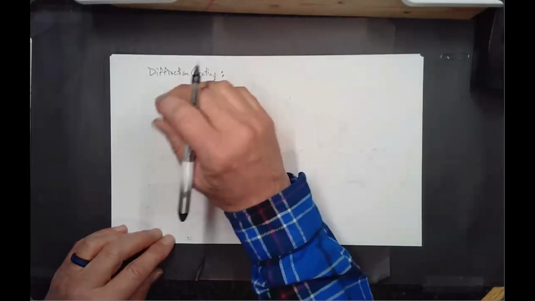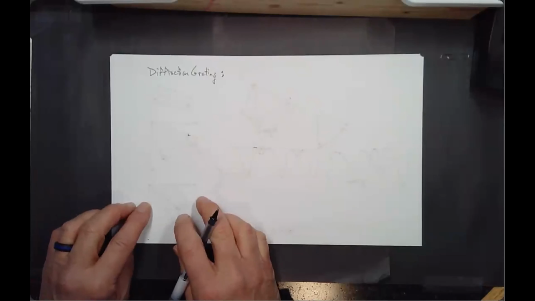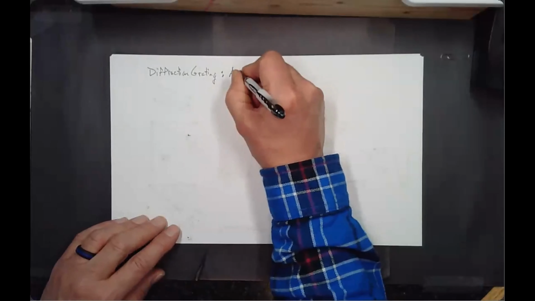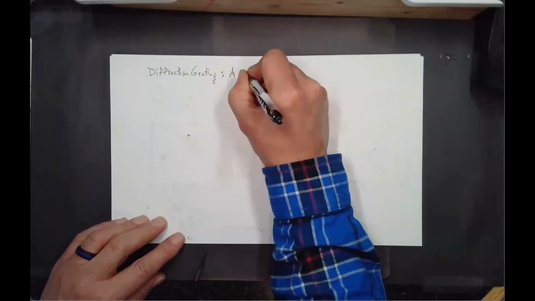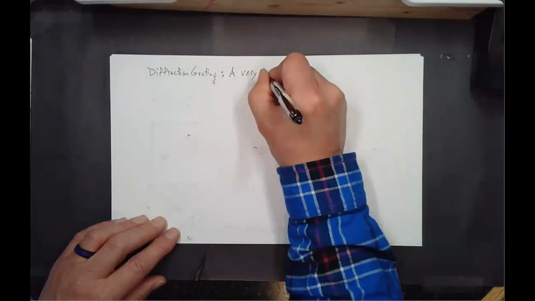Nowadays, they make them a transparent thing where they have a large number of parallel slits, a very large number of parallel slits.